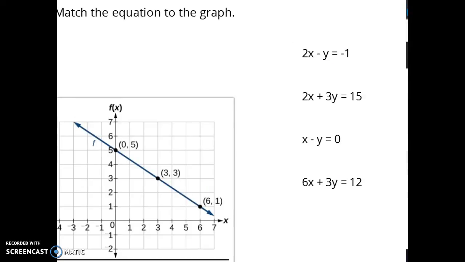Now we're going to match the equation to the graph. You're going to solve each one of these for y.